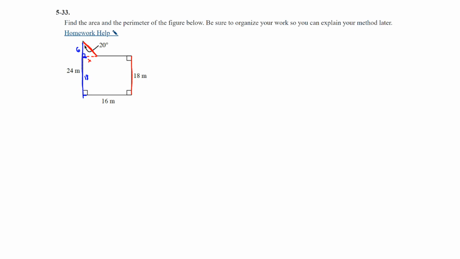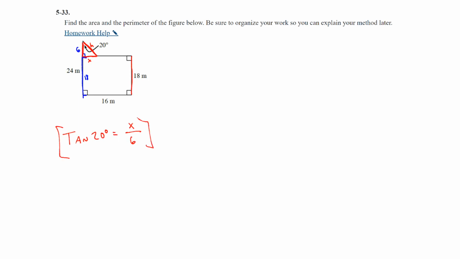We'll call the hypotenuse H, and let's use our trig ratio. So let's start with x. If we know this side right here, that would be the adjacent side, and we're looking for the side opposite that. So which one uses adjacent and opposite? That will be tangent. So we'll do tangent of 20 degrees is equal to the opposite side, which is x, over the adjacent side of 6.